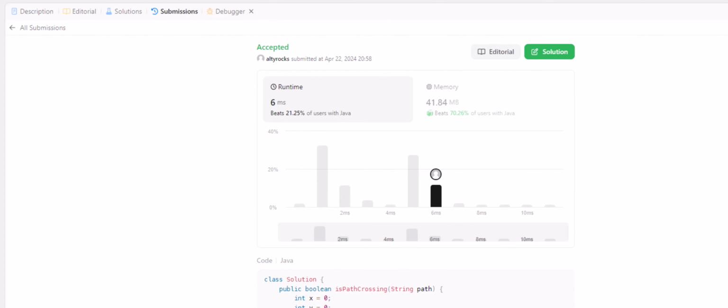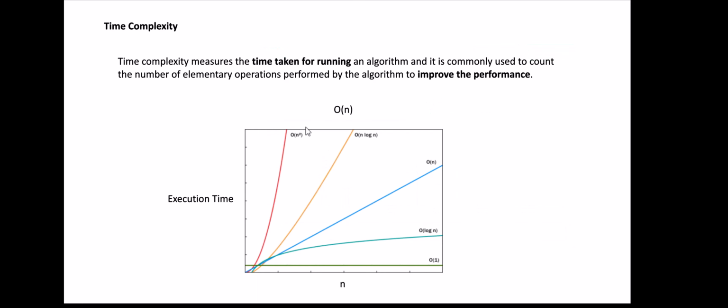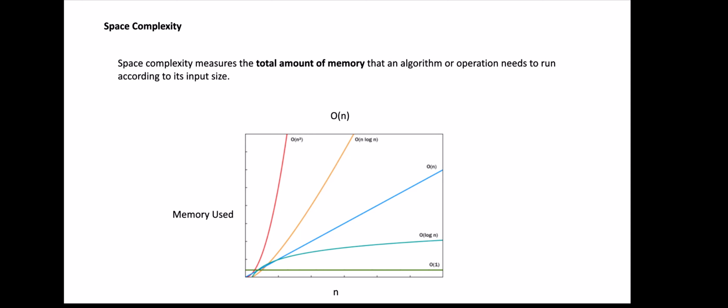It was accepted. So the time complexity is O of n. The only way it's going to get bigger is if we increase the path input with multiple directions. Same for space complexity. We'll increase the space we need with additions to the path.